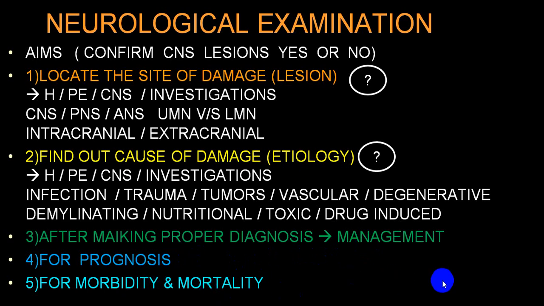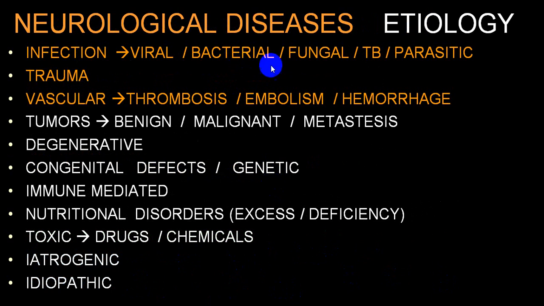We already mentioned that the most common etiology in CNS is infections, then trauma, vascular, tumor, degenerative disorders, congenital defects, genetic defects, immune mediated, nutritional disorders, toxic effects of drugs and chemicals, iatrogenic, idiopathic, etc.